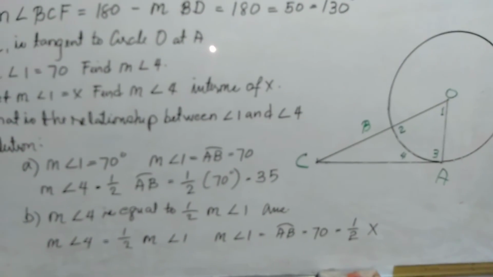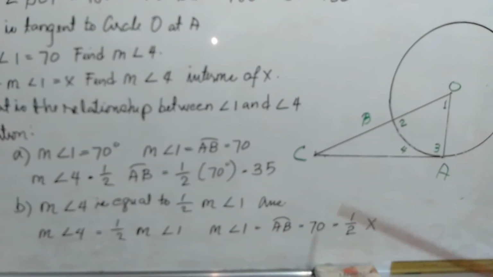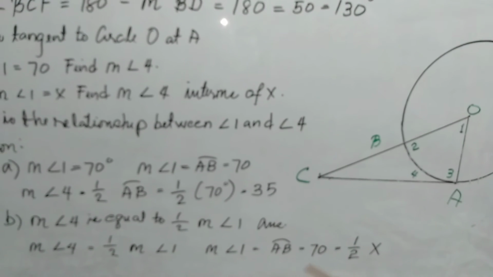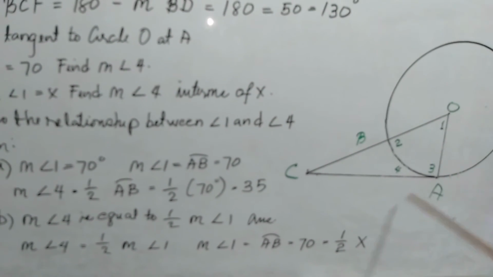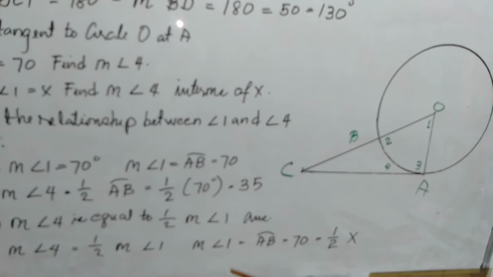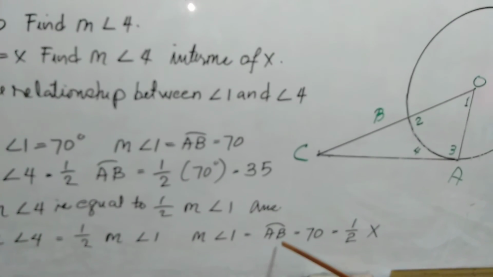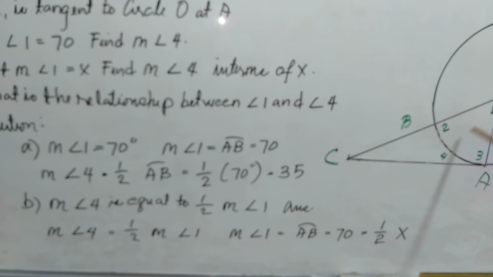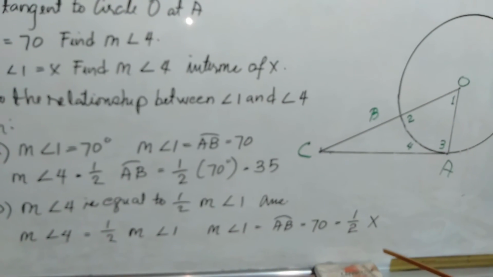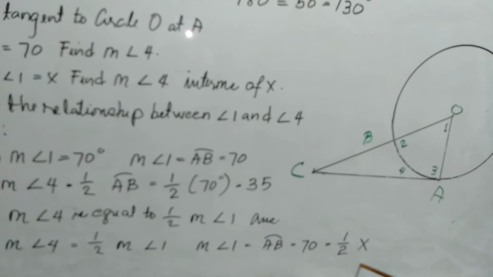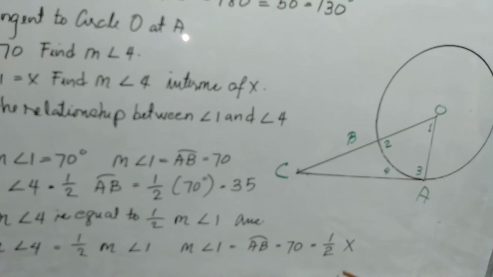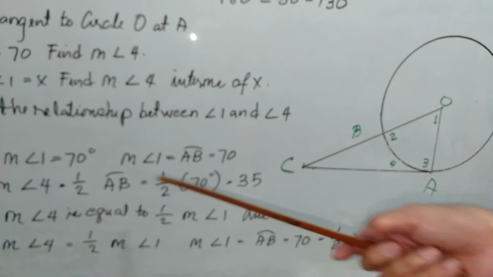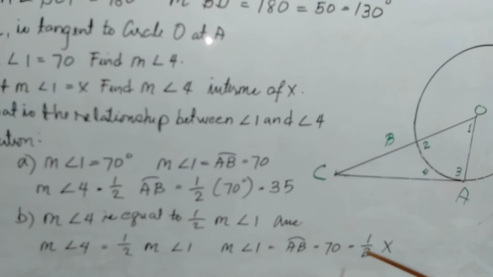For letter B, the measure of angle 4 is equal to 1/2 the measure of angle 1. So what is the relation between angle 1 and angle 4?